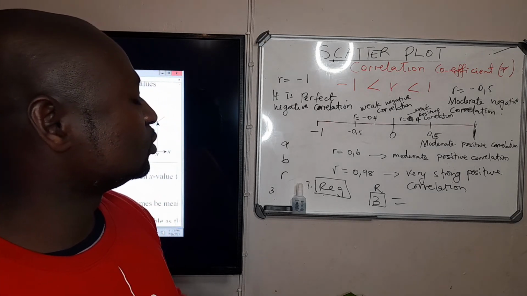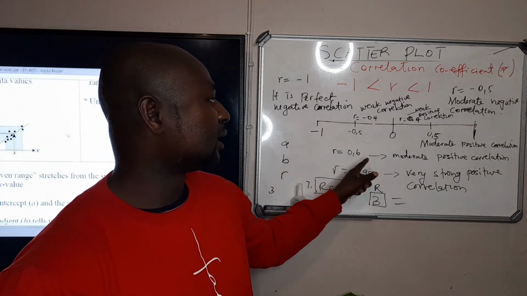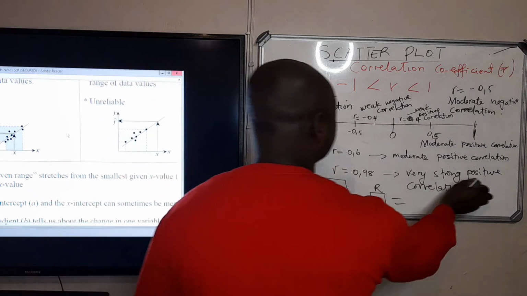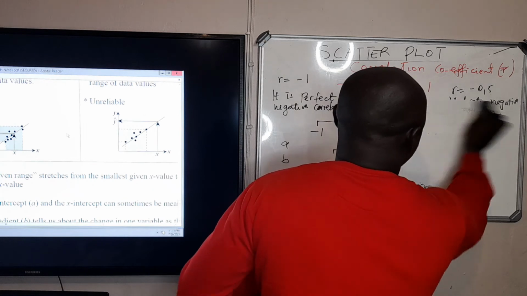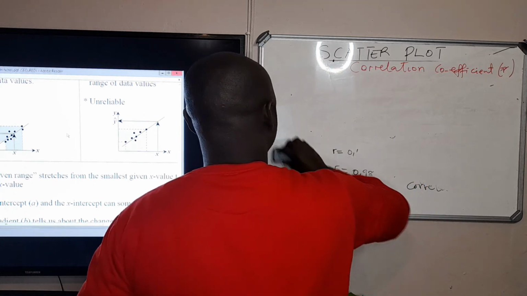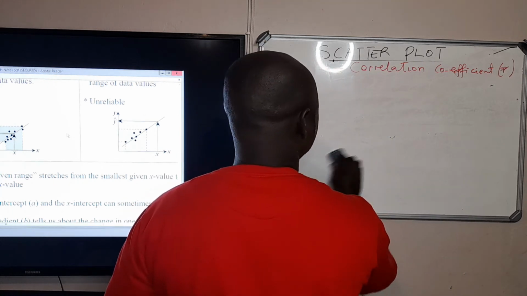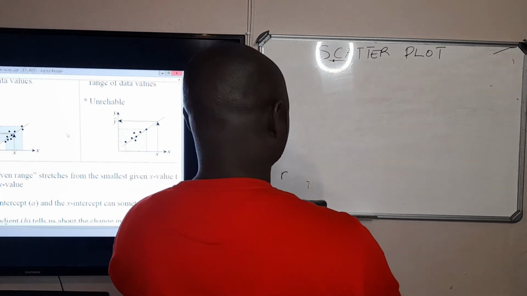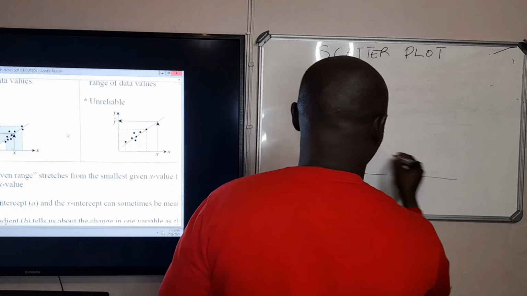Sometimes they can ask you to identify an outlier. If they ask you to identify an outlier, let's say I give you a point here, we don't calculate, you go straight to the graph. When they ask about an outlier, go straight to the graph. Let's say this is your graph and this is the point.